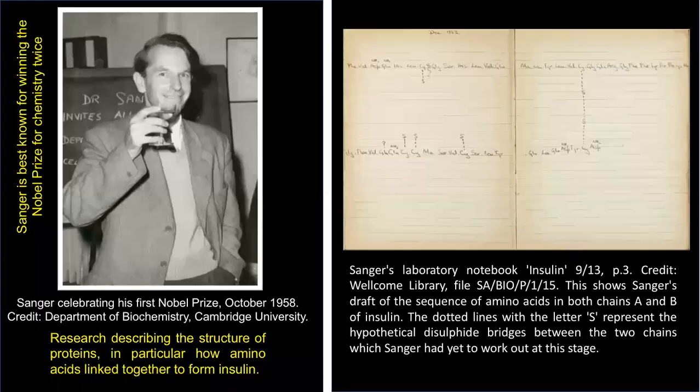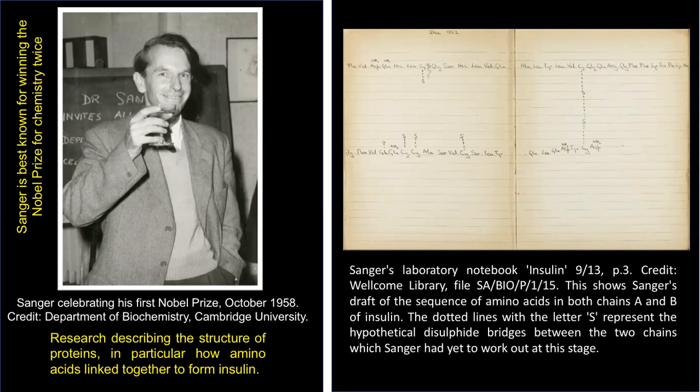So this is the cheerful Sanger, who is celebrating his first Nobel Prize, and he's best known for winning the Nobel Prize in chemistry twice. One is for deducing the amino acid sequence of insulin, and the second, again, he played a great role in DNA sequencing as well.